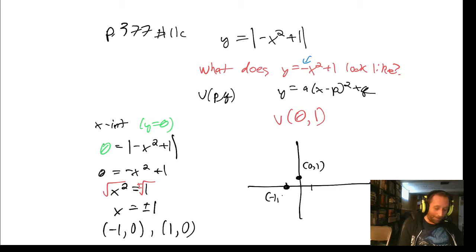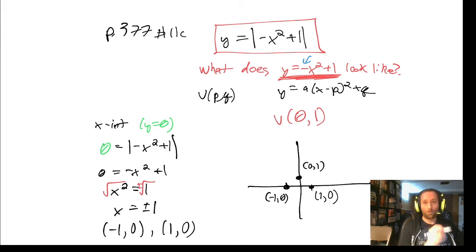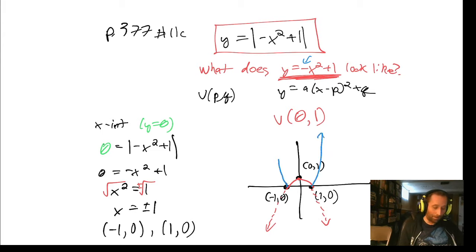Okay. So, (negative 1, 0), (1, 0). So this graph right here is this. And then, since this is an absolute value function, this portion that's below the x-axis is going to be reflected.